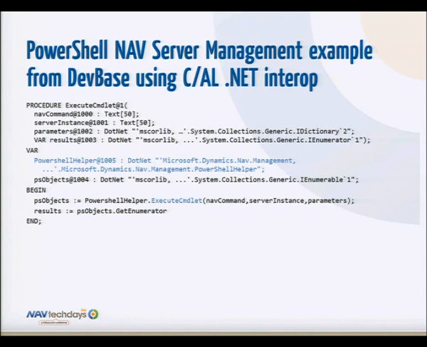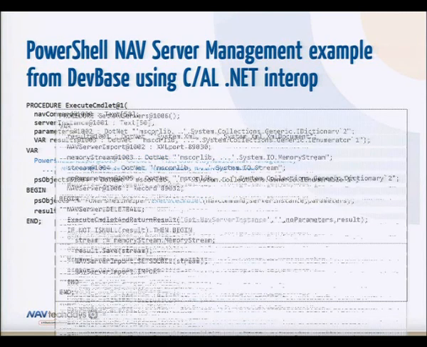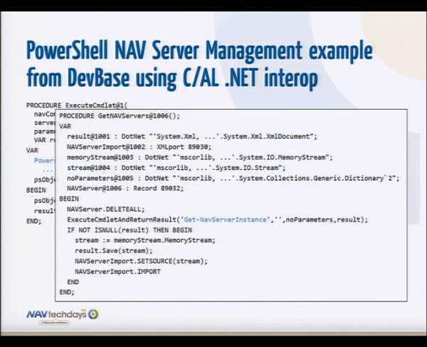So we're using our DLL, this is the name of the DLL, and this is the PowerShell helper. So we're invoking things through this class here. And then we need to have a collection to get access to the results that come out of that. So let's look at what happens inside of this execute cmdlet. That's a wrapper function for... No, sorry.